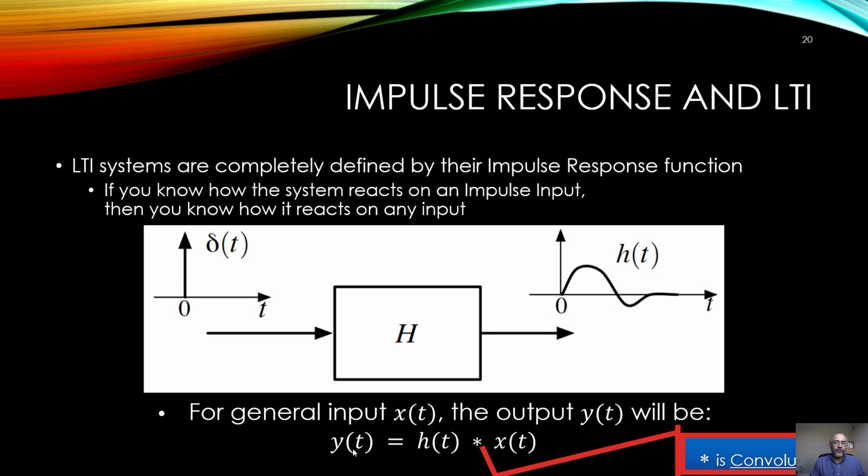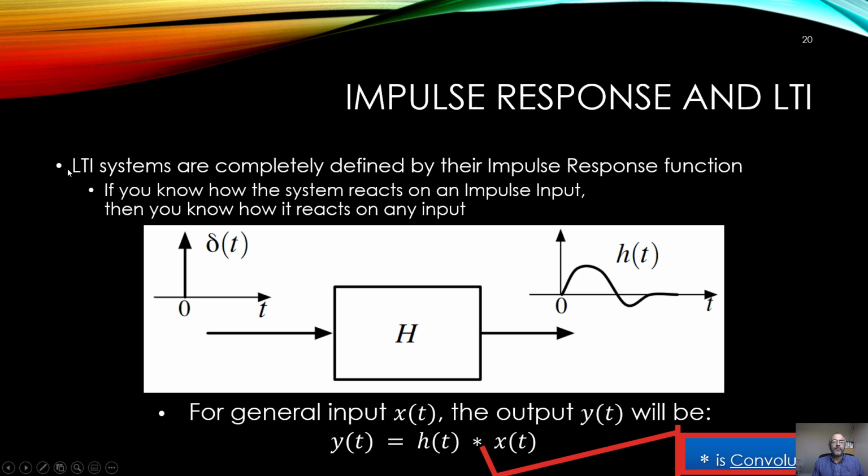I'm not going to tell you what convolution is. You don't really have to worry about this to try to understand it. The important observation is, as I have said before, if you know the impulse response function, h(t), and you know the given input, which can be anything, then there is a formula using this convolution that can calculate the output of this system.